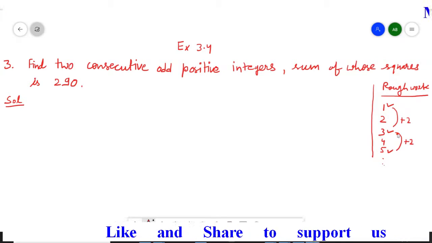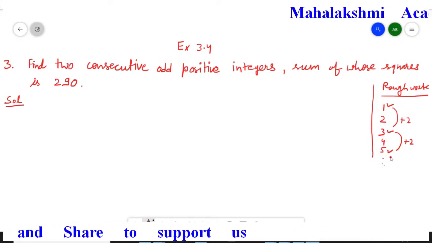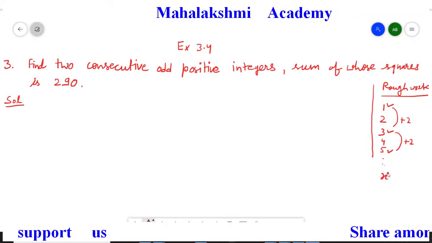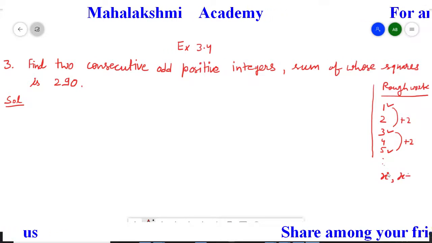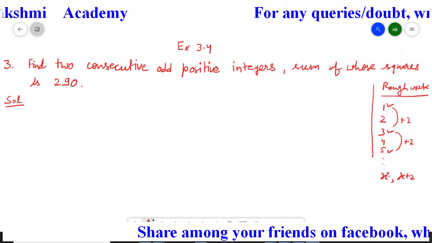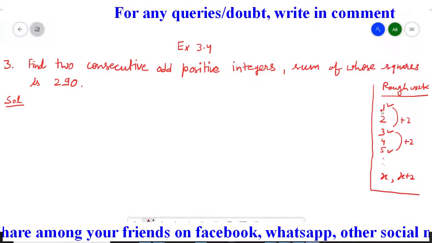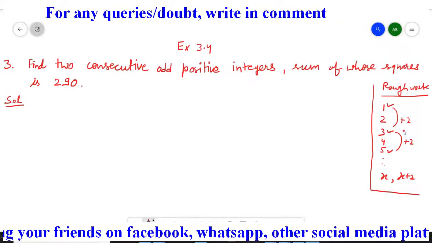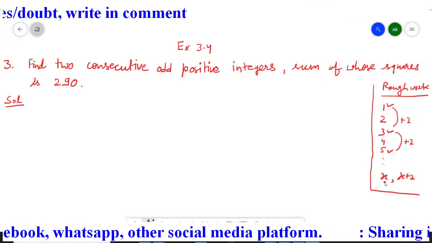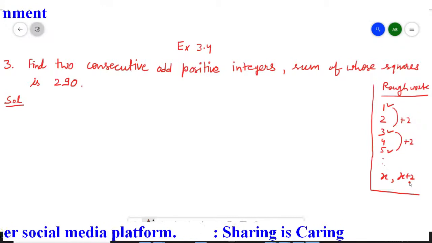So if we assume the smaller one as x, then the larger one is going to be x plus 2, because the gap between two consecutive positive odd integers is 2. Once again I am explaining: the gap between consecutive odd integers is 2. That's why if we assume one of the consecutive positive odd integers as x, then the next is going to be x plus 2.